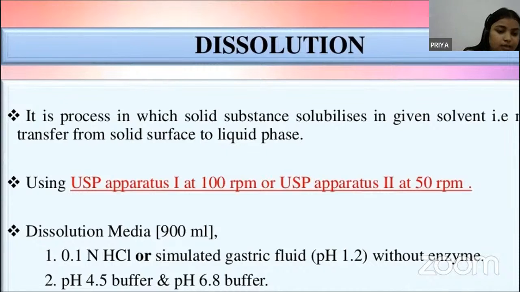The dissolution media volume should be 900 ml. For the stomach, the standard dissolution media is 0.1 N HCl. For the intestinal region, a pH 4.5 to 6.8 buffer is ideal.